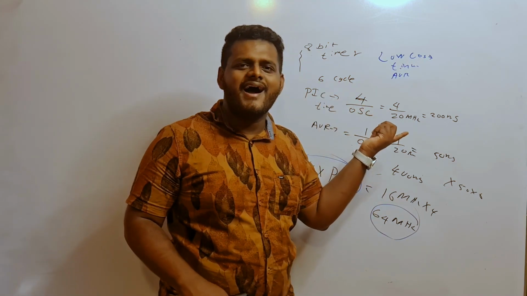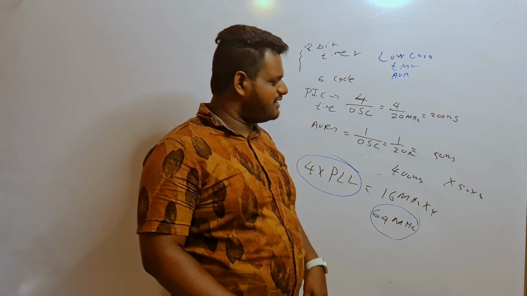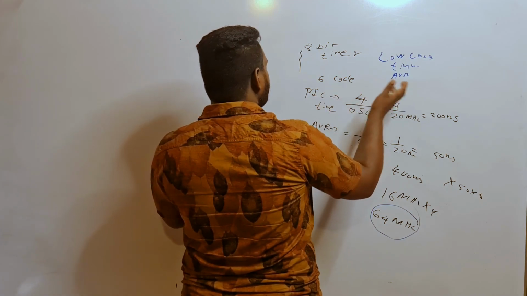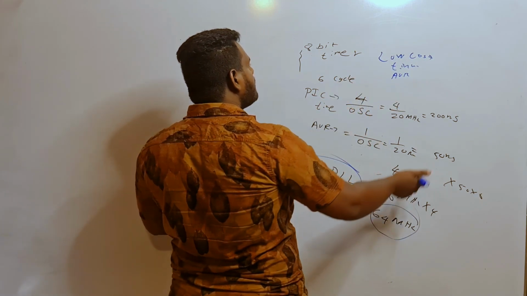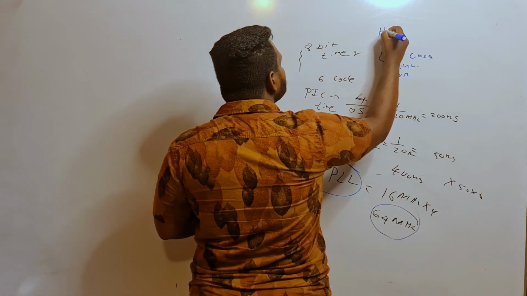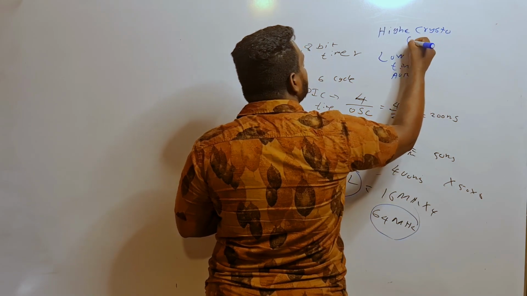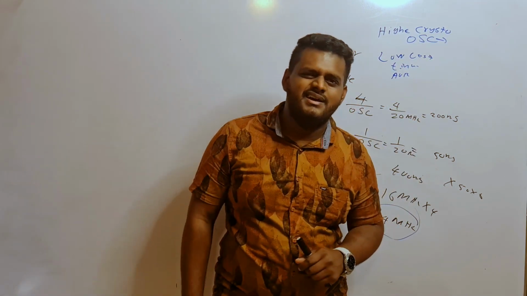So how can I evaluate it, and what magic can I apply to remove this? One method in Microchip: you don't have 4 times PLL, but you can use a higher megahertz crystal or oscillator to run your microcontroller.